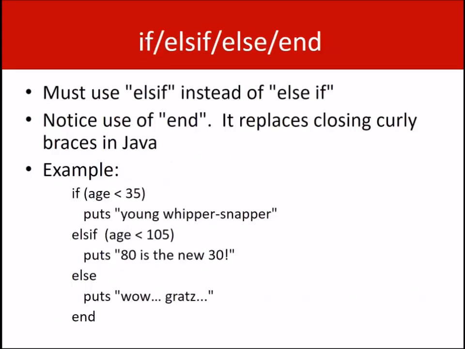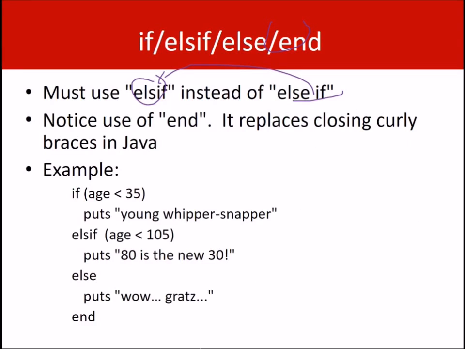Then you have if, else and end. So you must use elsif instead of else if. No space, please, no space. You have to use elsif, no e. Notice this use of end. What is this? It replaces closing curly braces in Java. How?